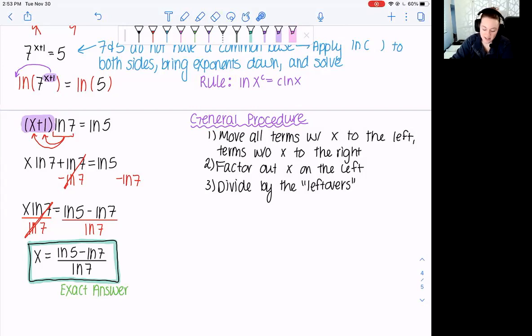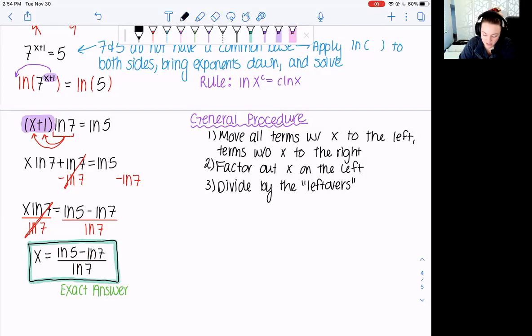I see where that question comes from. You're asking, can I cancel these? So we can only cancel it if each of them had an ln7 in it. When you're canceling, each thing up here has to have something in it in order for it to cancel. You can't just cancel one of these, you would have to cancel it with both.